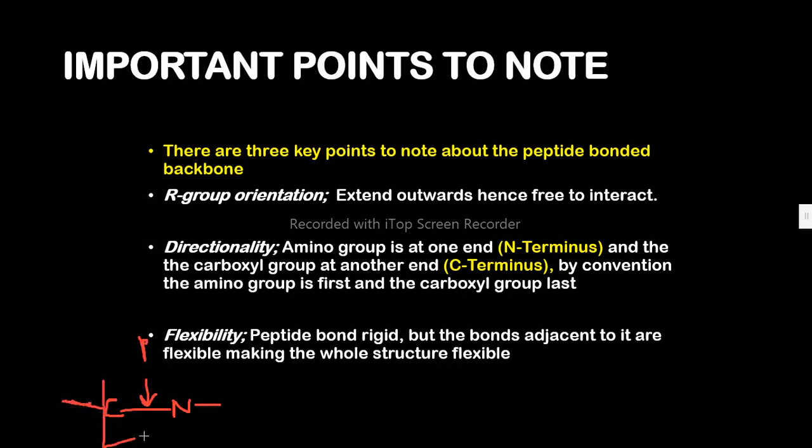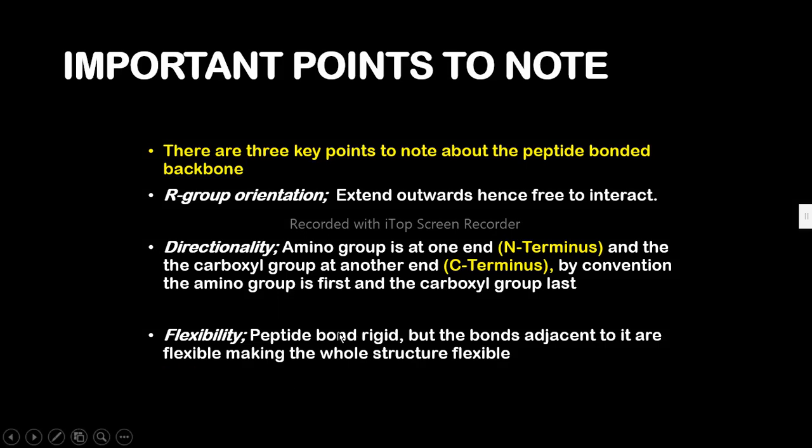So this peptide bond that is formed is highly rigid. But these adjacent covalent bonds can flex a bit. They are flexible, and they are the ones that are many. Hence, they make the overall structure of a protein flexible.